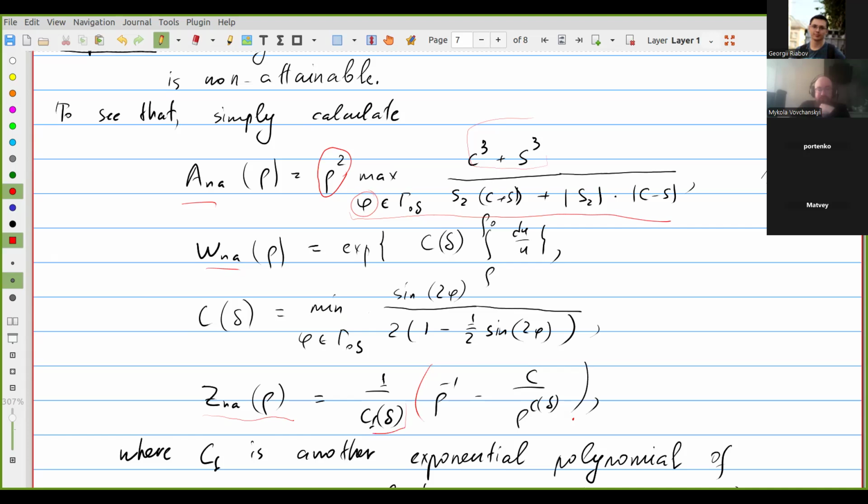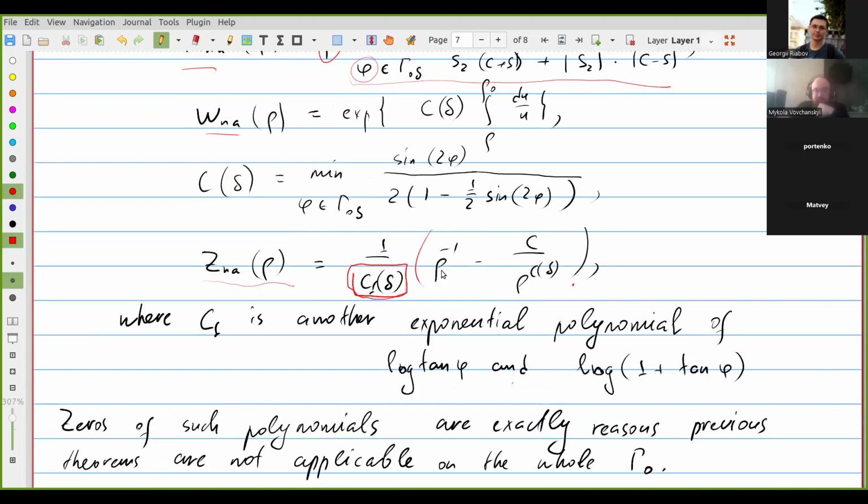And as soon as this is well behaved, this function is not integrable. And all these exponential polynomials are, after a change of variables, polynomials of exponentials of logarithms of tangents of phi, or of logarithms of this expression.